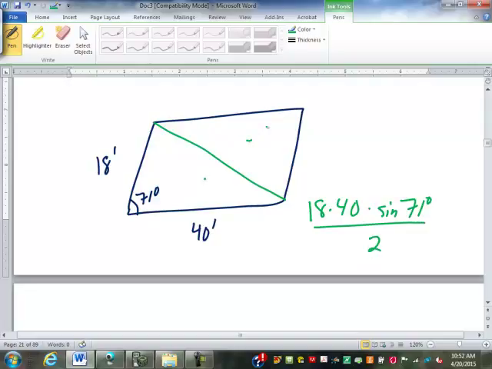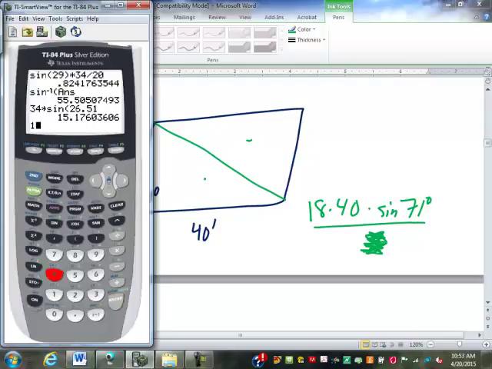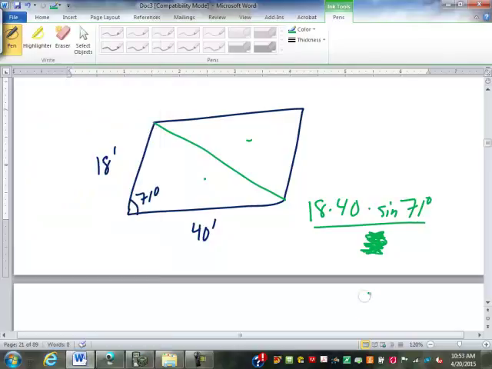Well, since there's two of them, we just don't have to divide by 2. So it's 18 times 40 times the sine of 71, which is 680.77.